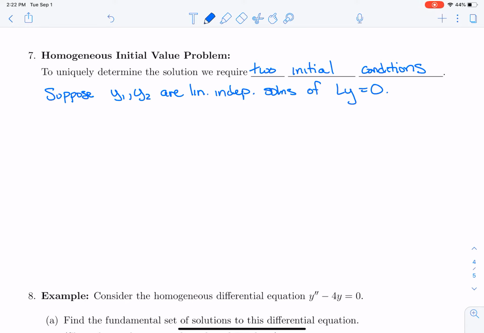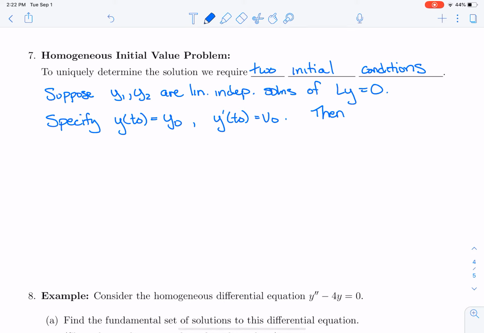And then what we're going to do is specify 2 points. y of t0 equal to y0 and y prime of t0 equal to v0. So we have an initial position and an initial velocity.